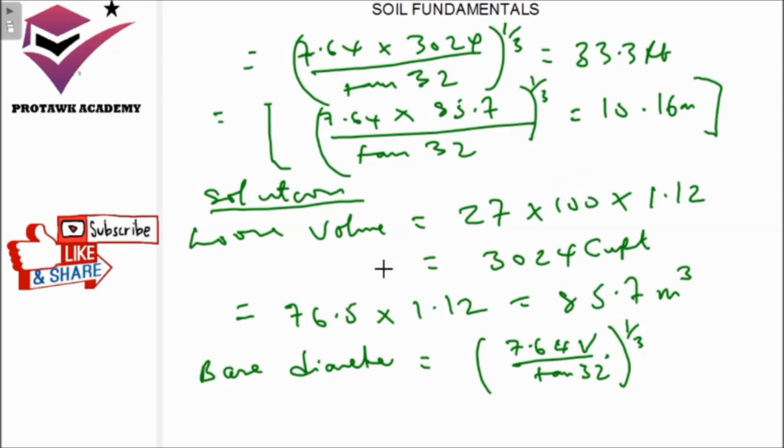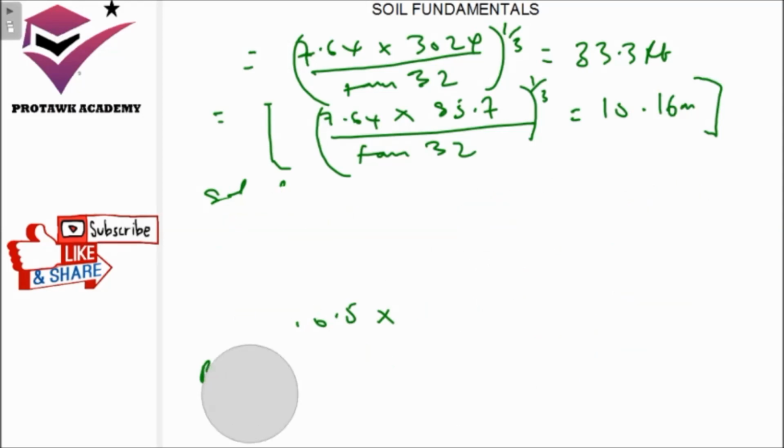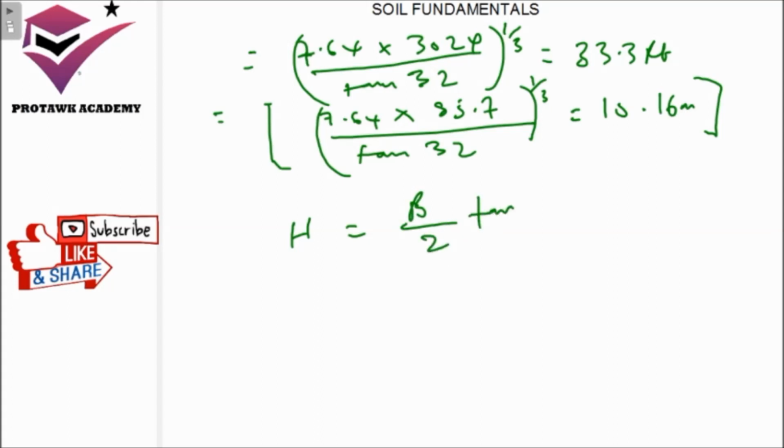So the next thing we need to calculate is the height. The height h is equal to our b, which is the base diameter, over 2 tan angle of repose. So in feet, we are going to have our base, 33.3, over 2 tan 32, and this will give us 10.4 feet.